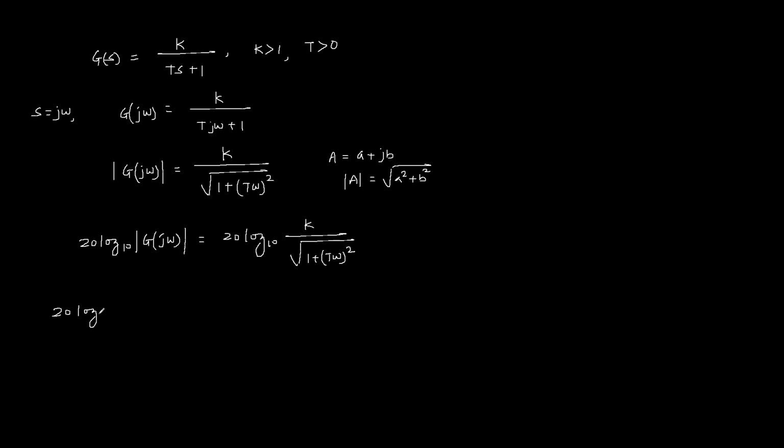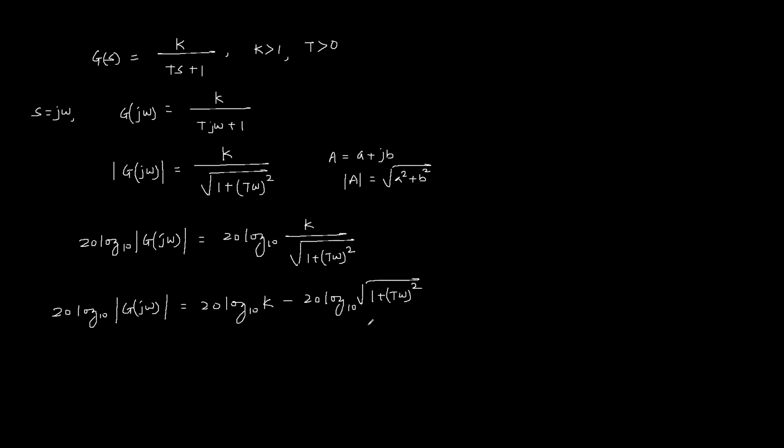So 20 log magnitude of G(j omega) base 10 is equal to 20 log k base 10 minus 20 log square root of 1 plus T omega square base 10.